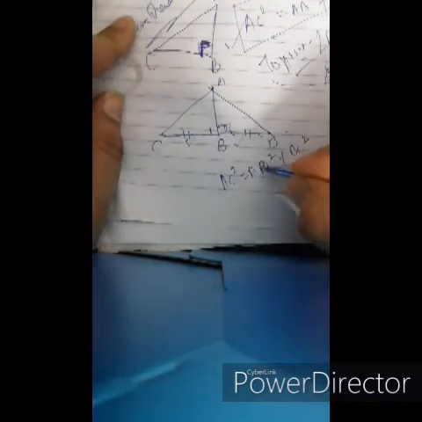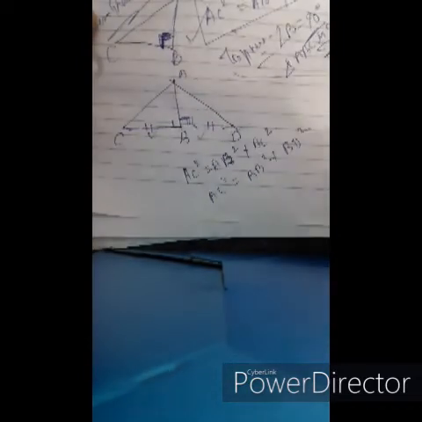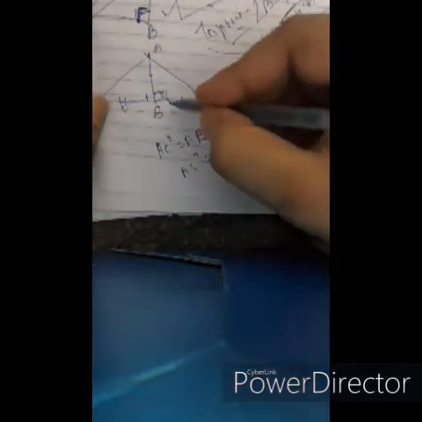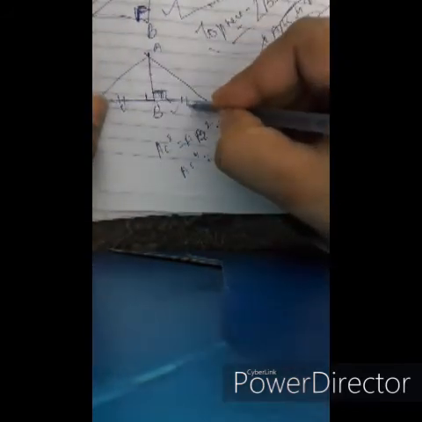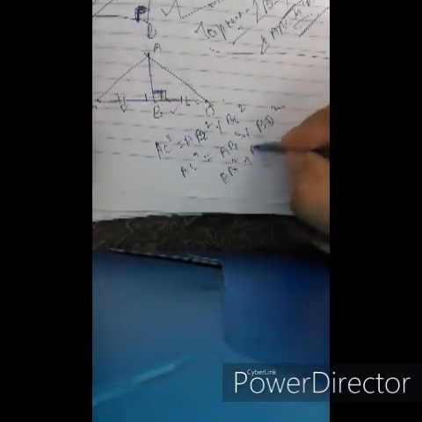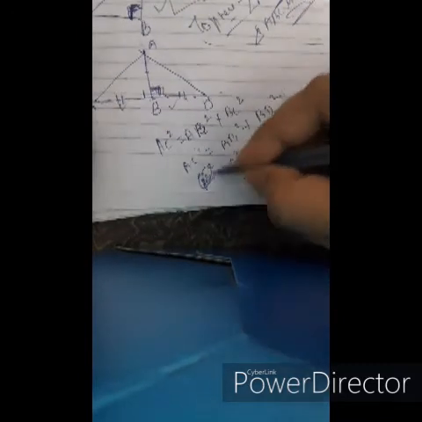So we'll write AC square equals AB square plus BD square. Now, this angle is 90 degrees, so AB square plus BD square becomes AD square.